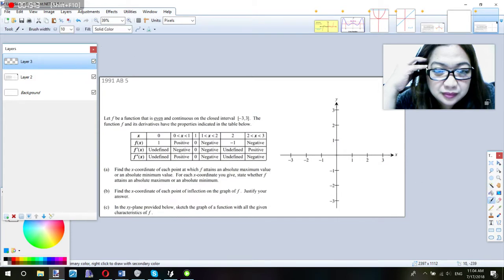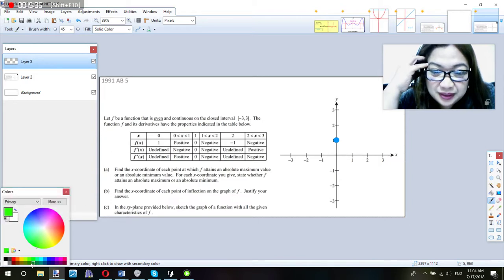So I know for sure that when x is 0, my y value is 1. What else do I know for sure? When your x is 1, you have 0. Okay. If you have 2, you have negative 1.